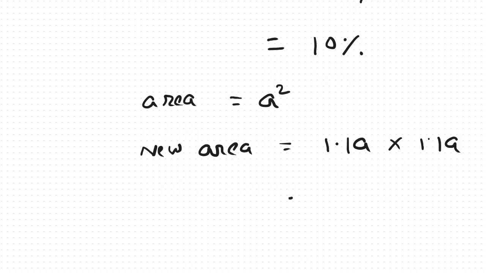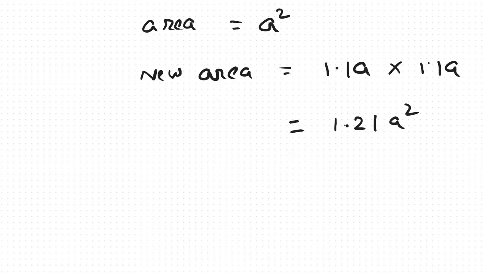This gives us 1.1 times 1.1 equals 1.21 a square, which is the new area of the square.